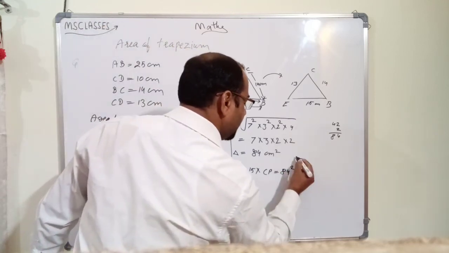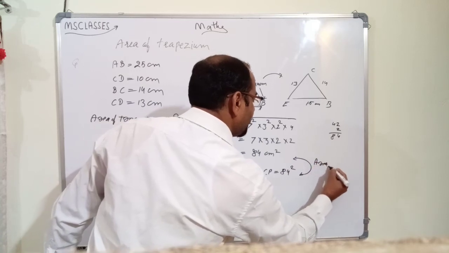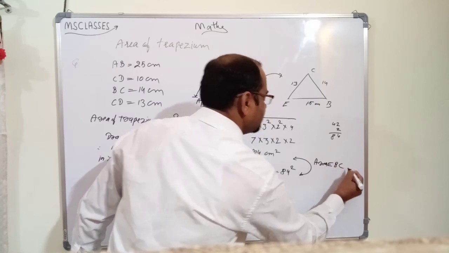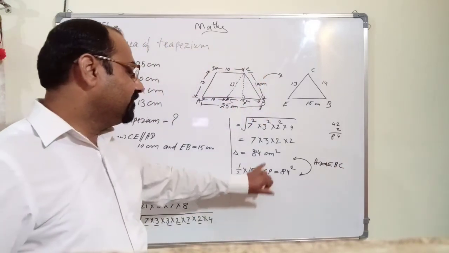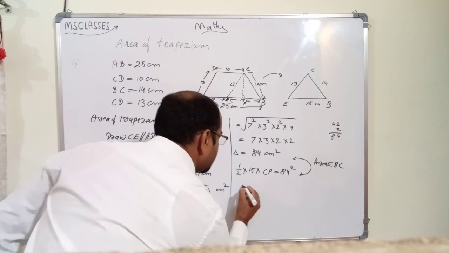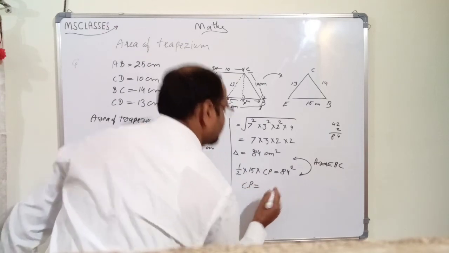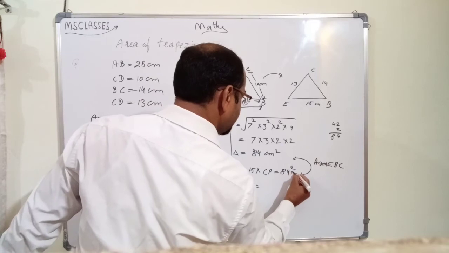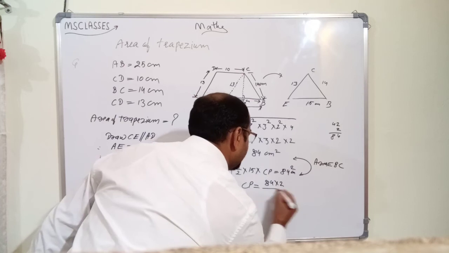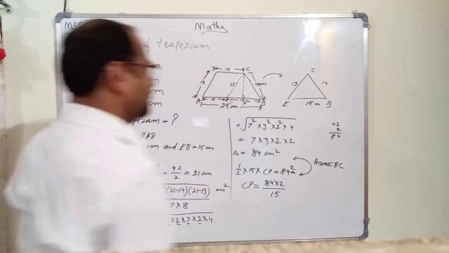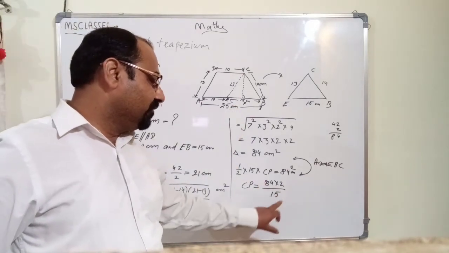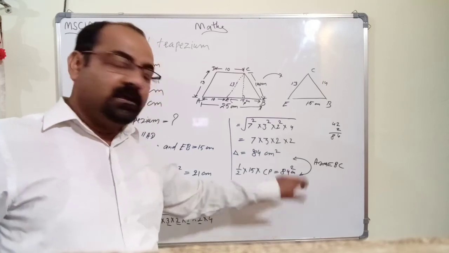Both are the area of triangle EBC. Now CP is equal to 84 into 2 over 15. Okay, this is 84 into 2 over 15. This is CP.